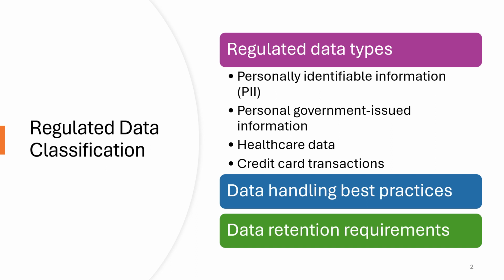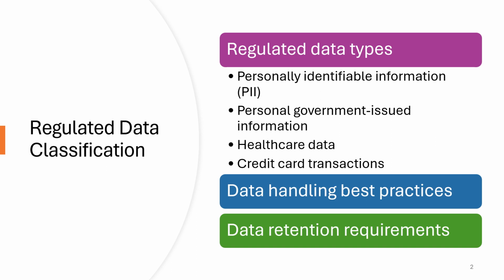Personal government-issued information, information tied to government IDs like driver's licenses, passport numbers, or tax identification numbers. Healthcare data, medical records, insurance information, and any data revealing a person's health condition. Credit card transactions, card numbers, expiration dates, and security codes.